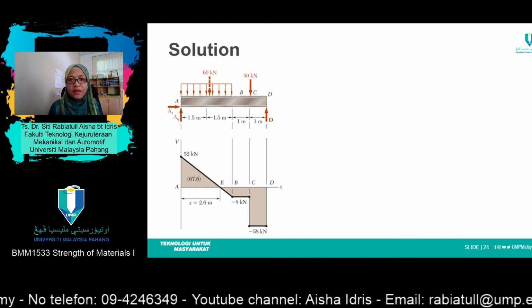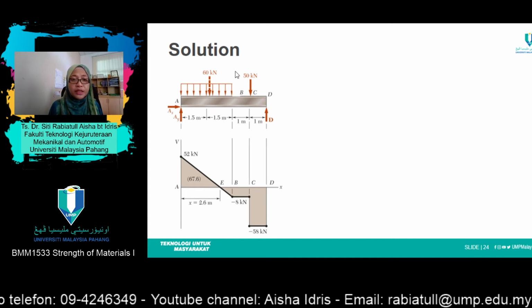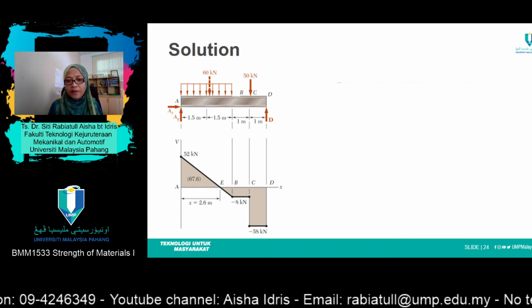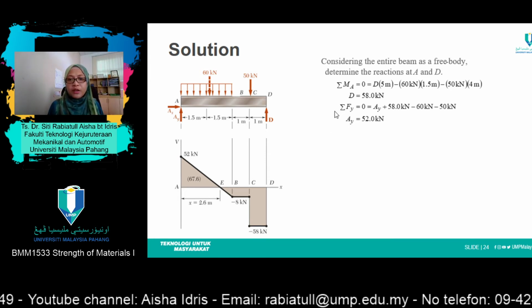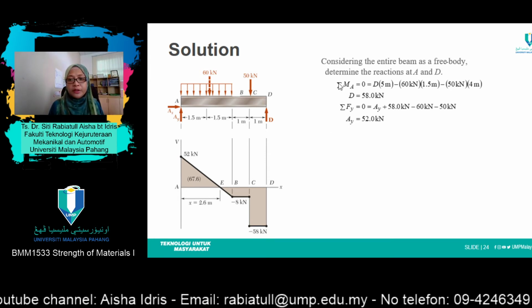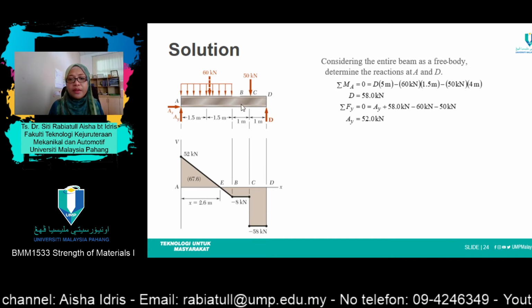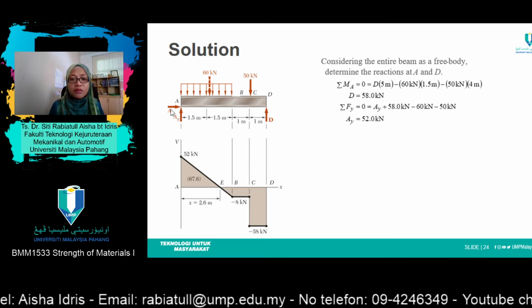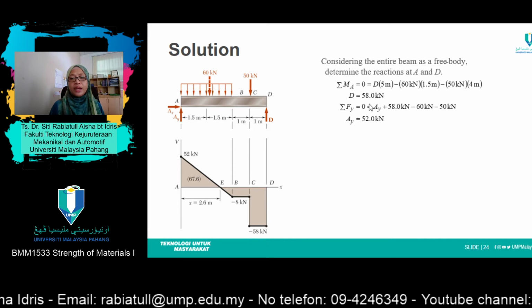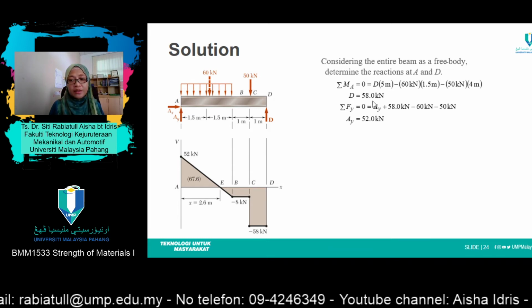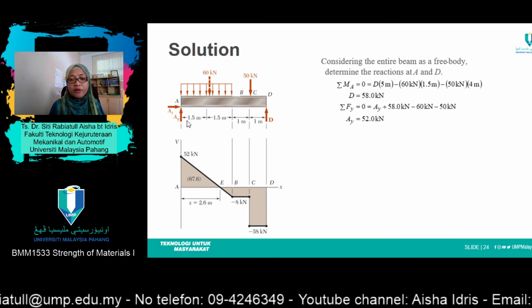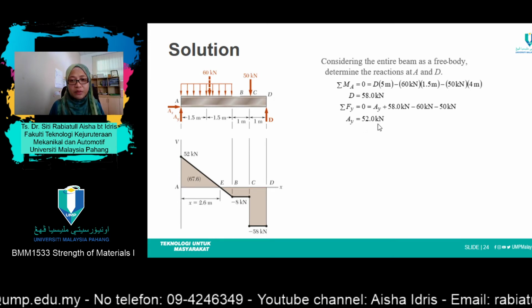So the first step is that you need to draw its free body diagram. After that, as usual, taking moment, you need to find the reaction force at point D and also point A. So you'll get the value of D. Reaction force at D is 58 kilonewton and reaction force at point A is 52 kilonewton.